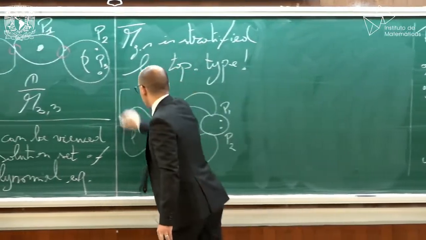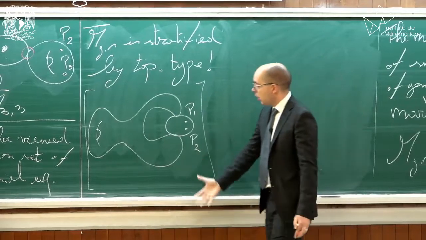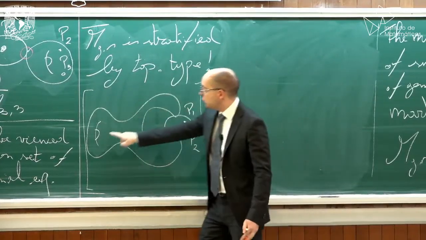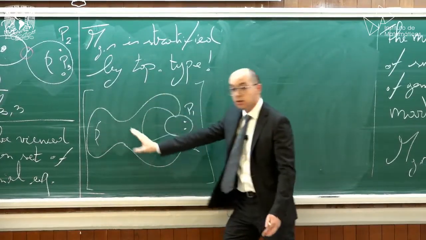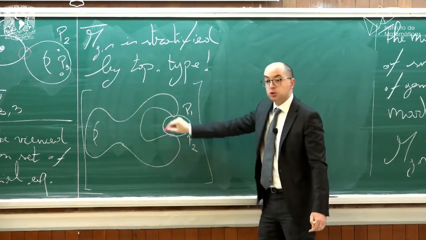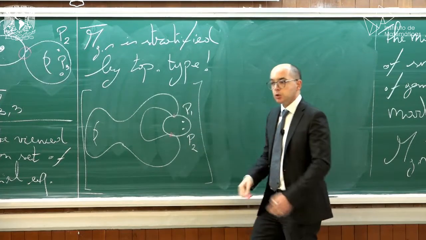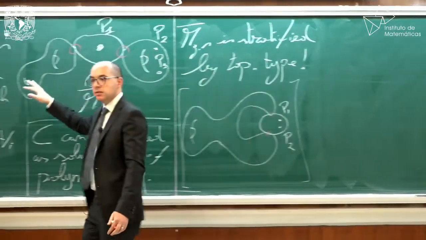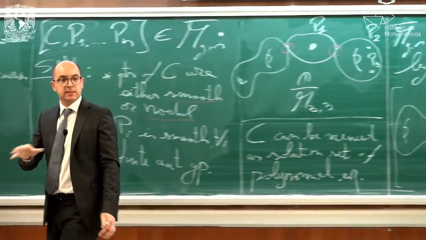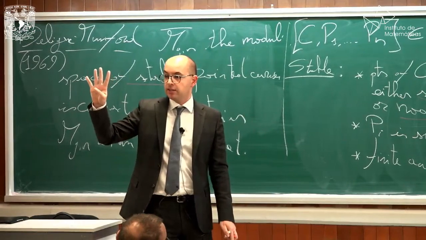What do I mean by that? This is the locus of all curves which look like a genus 1 component meeting, in 2 points, a genus 0 component carrying 2 marked points. This is a stable object. Every genus 0 component has at least 3 special points. The genus 0 component there has 4 special points. We are fine. This is stable.